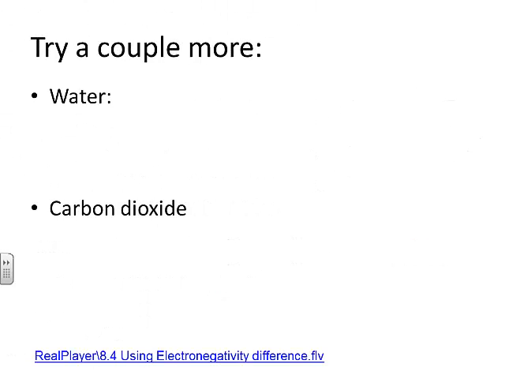Let's try a couple more. Let's try water first. Now we know that water is a bent molecule, and this drawing would approximate its shape. When we look at this molecule, we can see that hydrogen and oxygen are bound together, so we have to look up their electronegativity values. Hydrogen has a value of 2.1 and oxygen is 3.5.